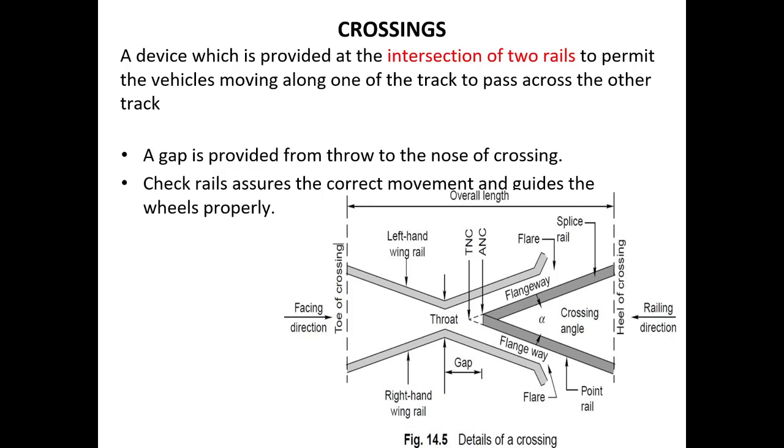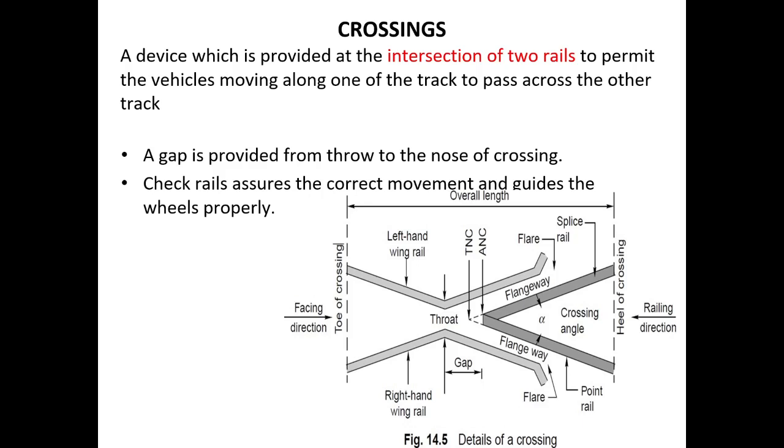Okay, what is crossings? We all know what is crossing, so we will see the definition. A device which is provided at the intersection of two rails to permit the vehicles moving along one of the track to pass across the other track.